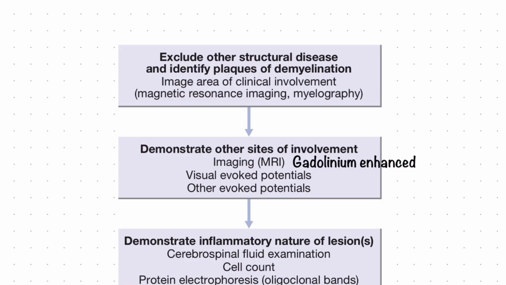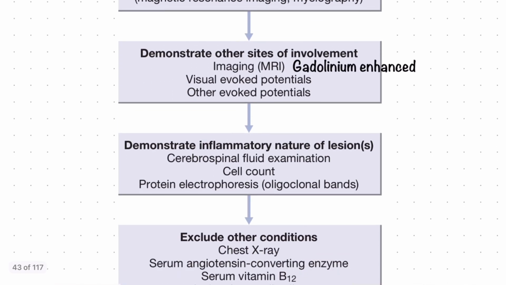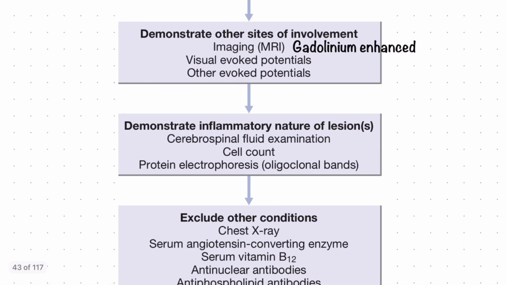and myelography. Then other sites of involvement are demonstrated through gadolinium enhanced MRI, visual evoked potentials, and other evoked potentials, where spinal involvement and other involvements are seen. Then inflammatory nature of the lesions are demonstrated by CSF analysis, cell count, and protein electrophoresis.